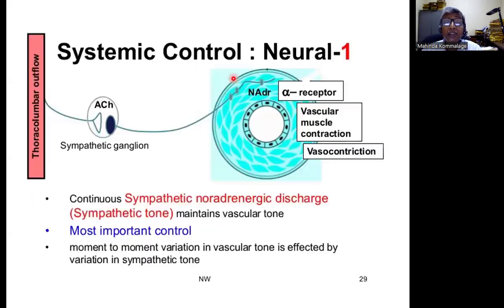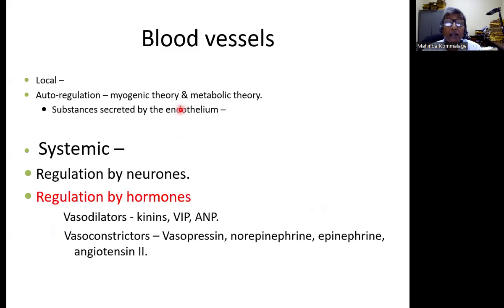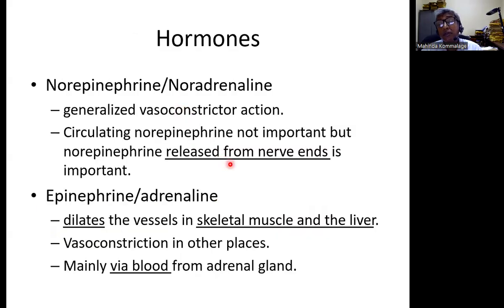But here I described noradrenaline as a neurotransmitter secreted from nerves and binding with the receptor. Here I use it as a hormone, that means coming through the blood from the adrenal gland, right? But mainly adrenaline is the hormone that comes through the blood and acts as a hormone to control the blood vessels.